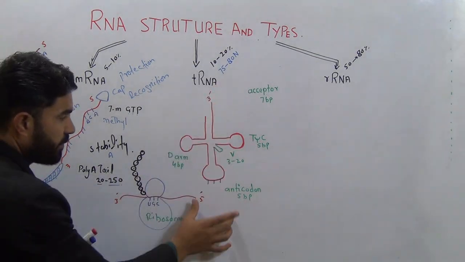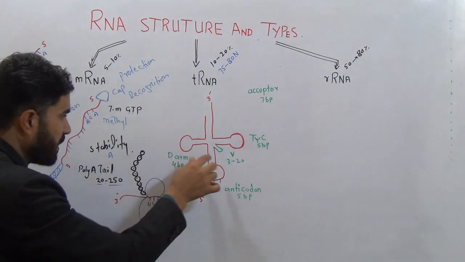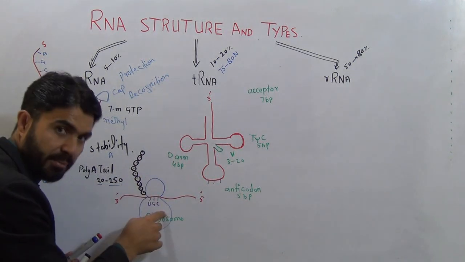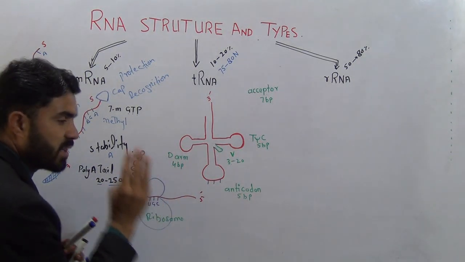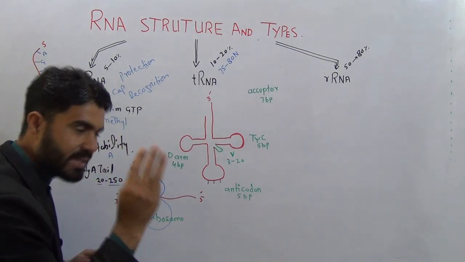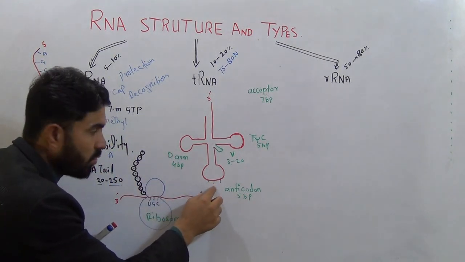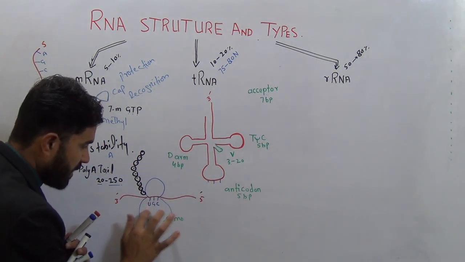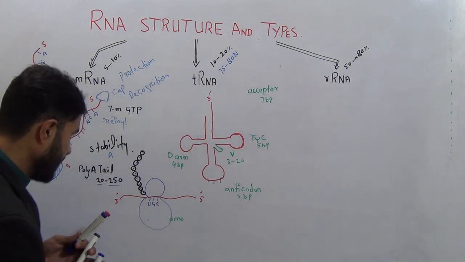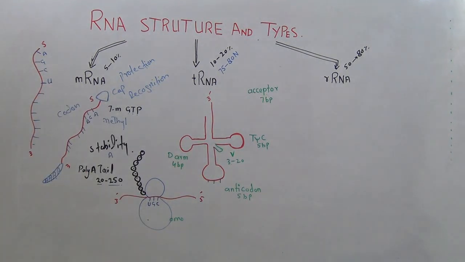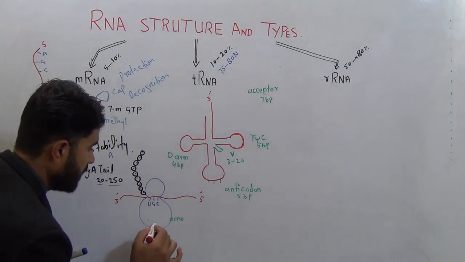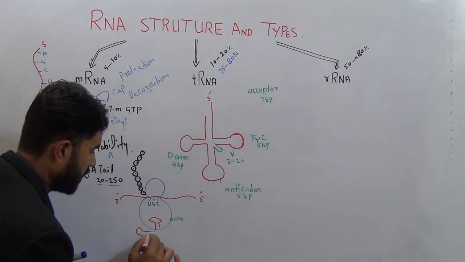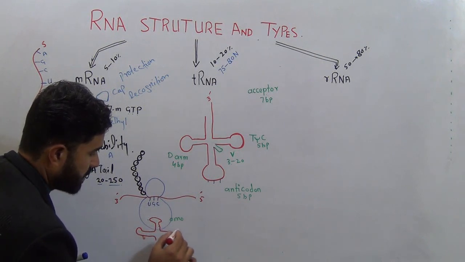Now, when the transfer RNA comes, look, transfer RNA is also supposed to come to the ribosome, and what will happen? The triplet anticodon of the transfer RNA and the codon will be complementary. Means, if here I draw the diagram of the transfer RNA as well, we can write it like this.